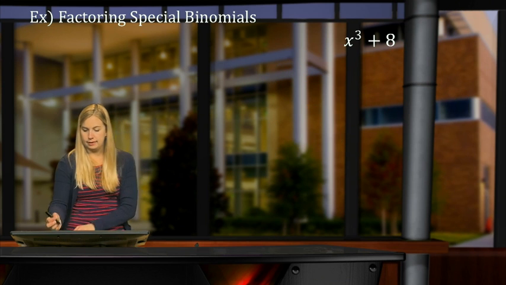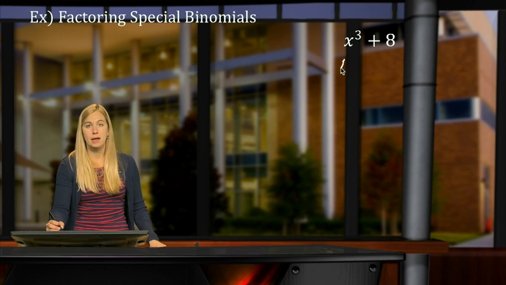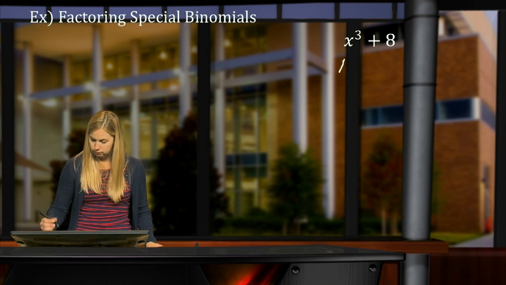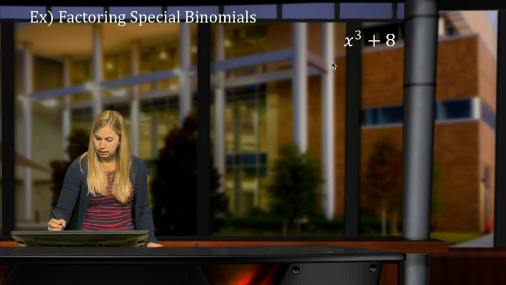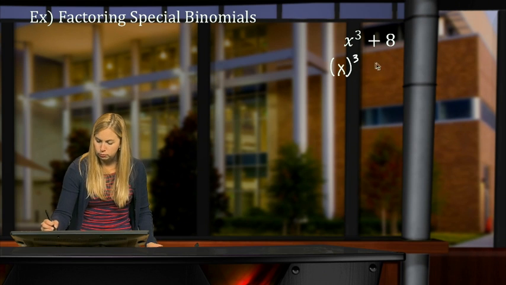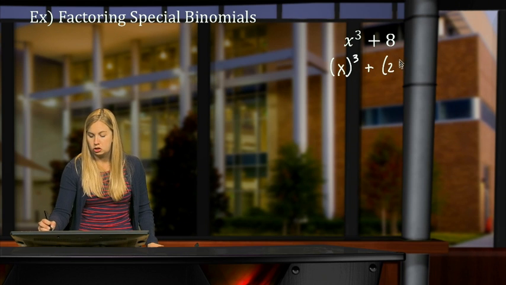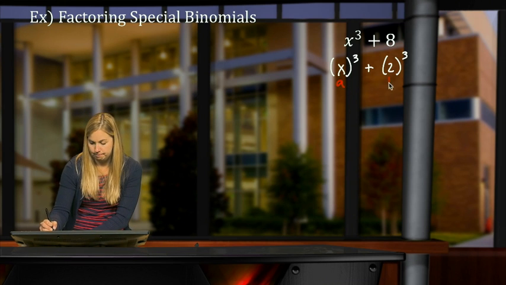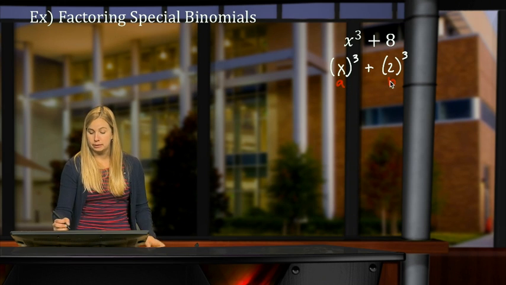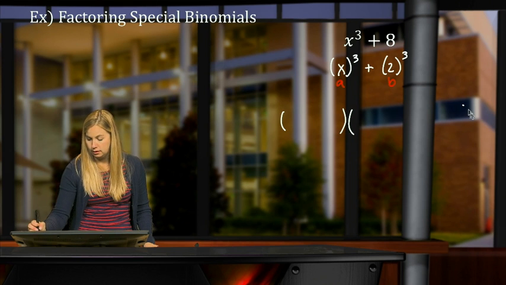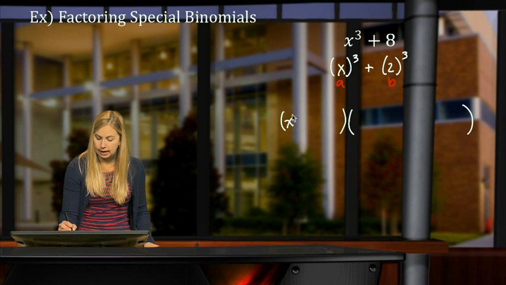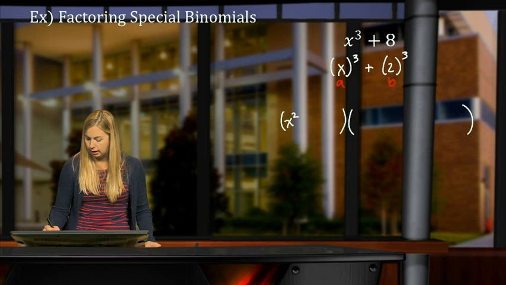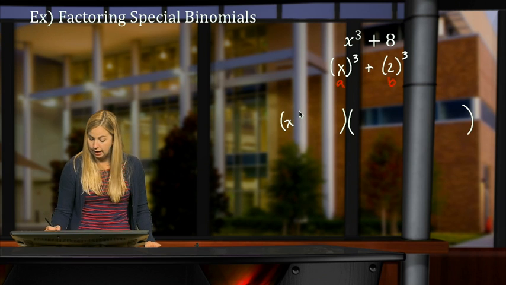So I'm going to erase this and go back to our original problem. X cubed is the quantity x cubed, and 8 is 2 cubed. That helps me identify my A and my B. And I'm plugging into my skeleton. We've got a, which is x.